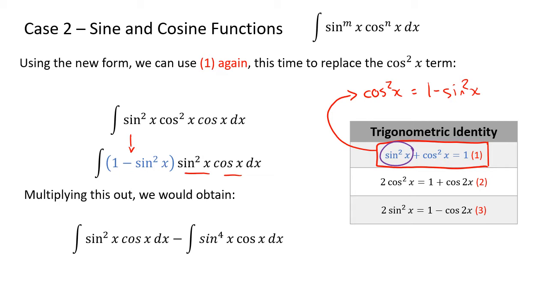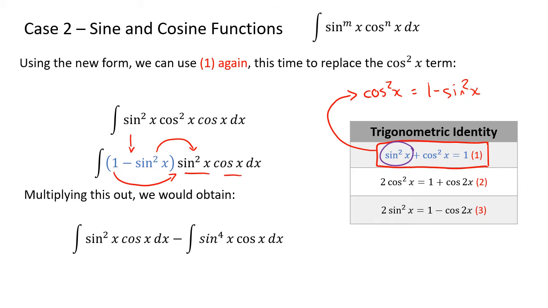So just like in the first case, we can now break this up into two integrals. The first integral being 1 times the remaining terms, which gives us just sine squared of x cosine x dx. And the second one, multiplying sine squared of x by the remaining terms, gives us minus sine to the 4th of x times cosine of x dx.